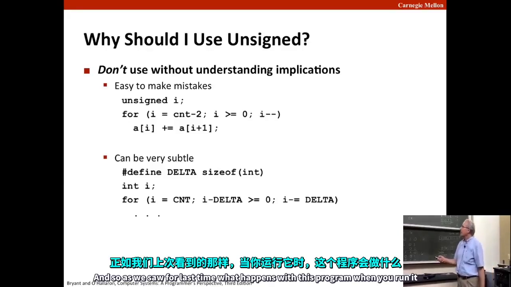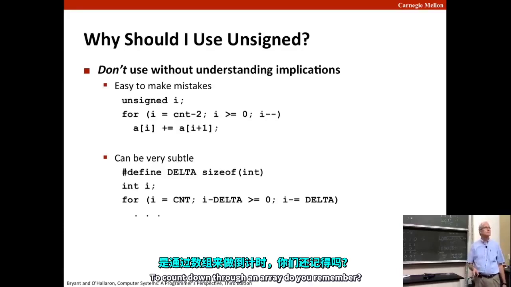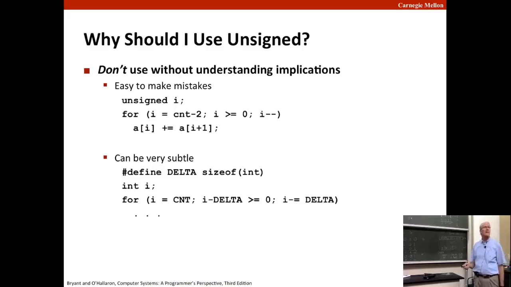And so as we saw last time, what happens with this program when you run it, to count down through an array? Do you remember? Well, if it's unsigned, what will happen with this test?